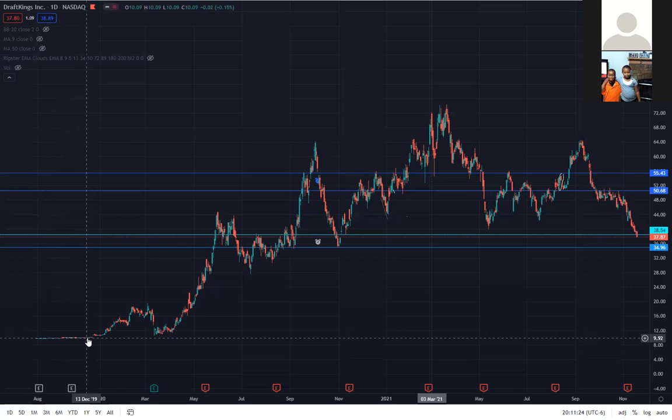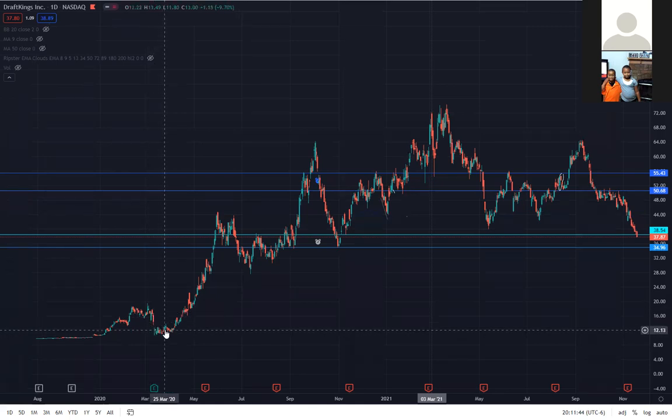So they IPO'd back in 2019, and you see that it kind of went parabolic. It had a huge growth in December. One thing you'll notice is when stocks have healthy growth, it looks like staircases. You go up the first stair, then level off at the second stair, and then you could drop.